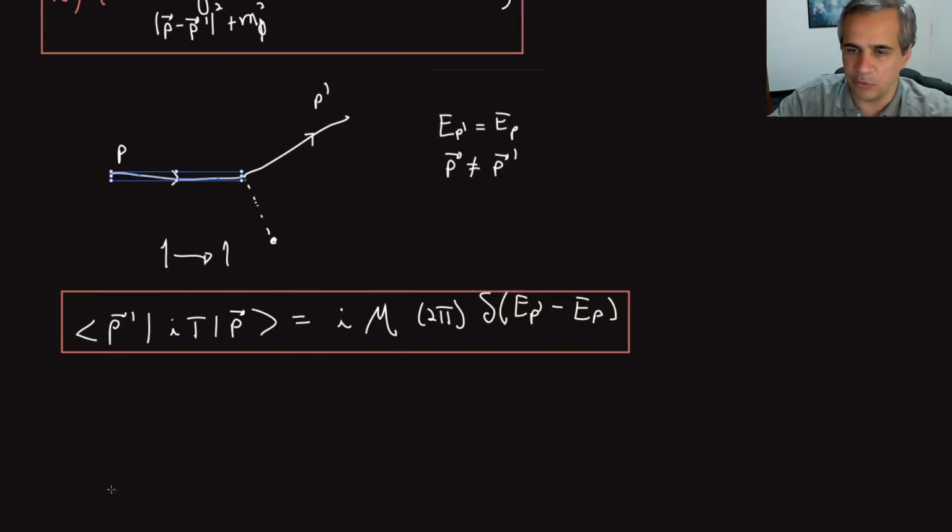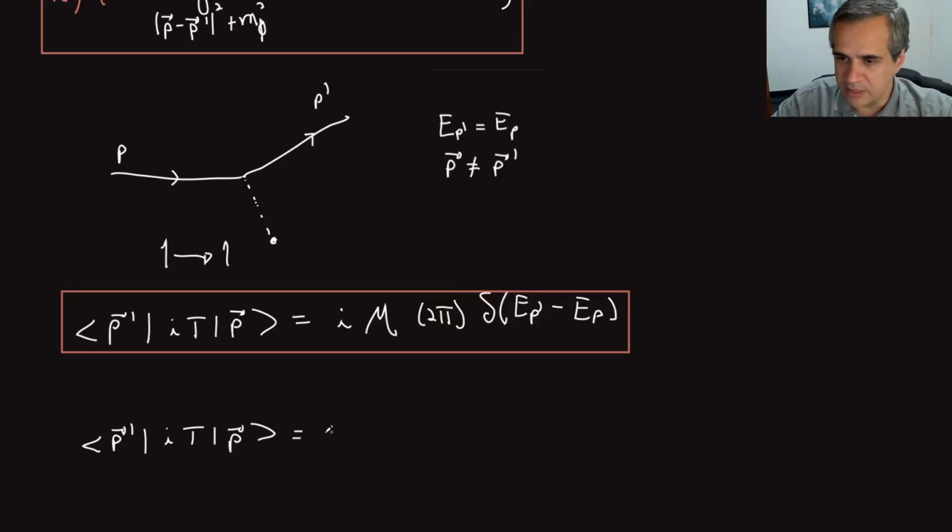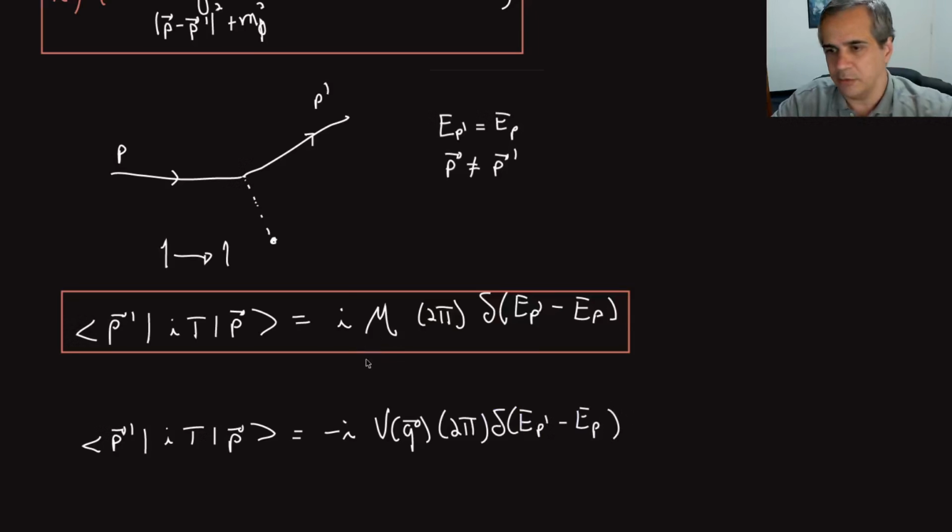We know from quantum mechanics that the transition amplitude of a scattering from a potential, again a one-to-one scattering amplitude, is given by minus i Ṽ(q), where q is the transfer momentum, 2π delta of energy conservation. And you see it's very similar to the expression we have above.